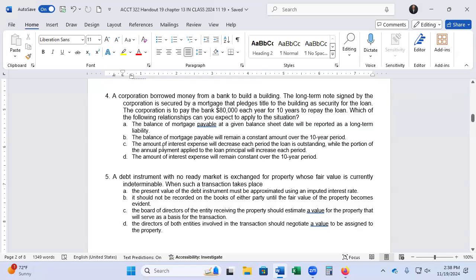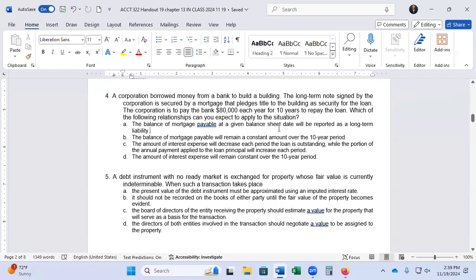So that's partially correct, right? What else might we be listing this as? Right, so you'd have a short-term note due for 80,000, and then the rest of it would be in long-term, depending on where you were. So that's why that's not correct.